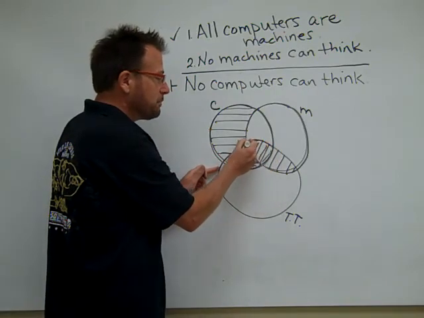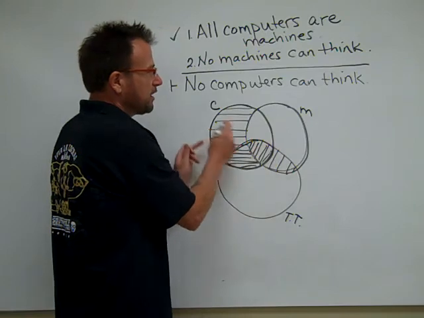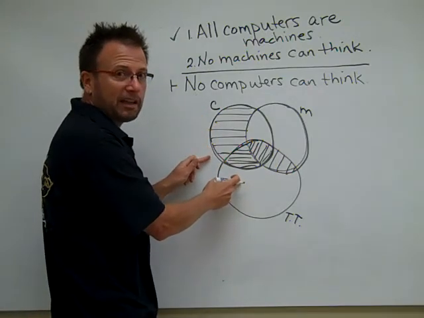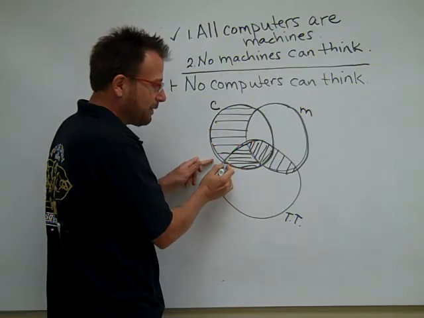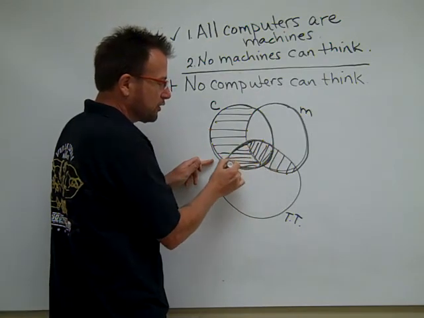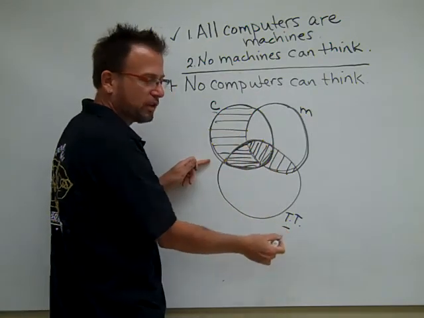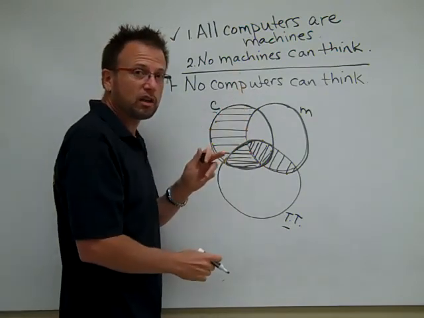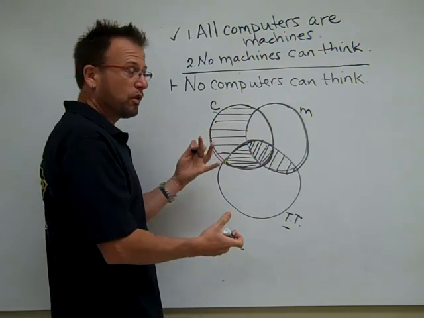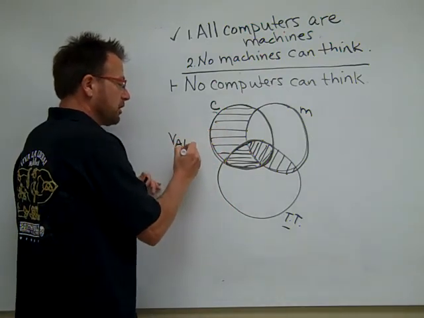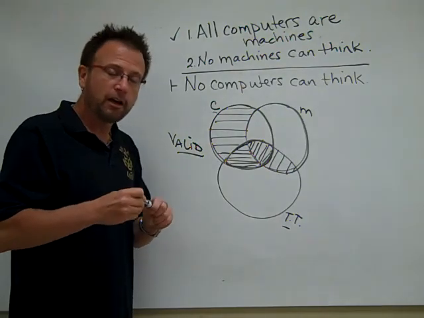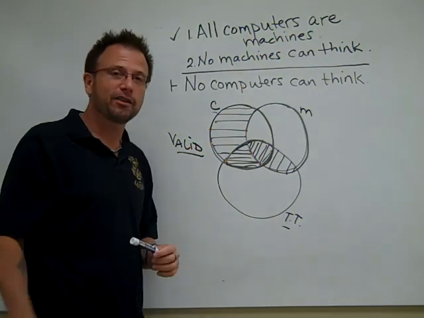Since this is the empty set, it must be the case that there can't be anything in the overlap between computers and things that can think. So indeed, that conclusion is logically true, given the truth of the premises. So this argument would indeed be valid. Go on to the next one now to see another example.